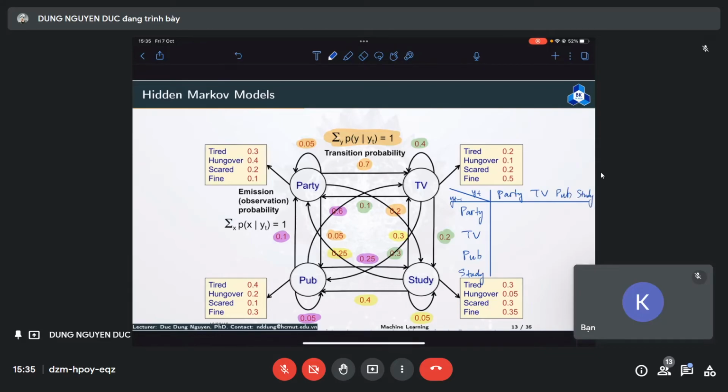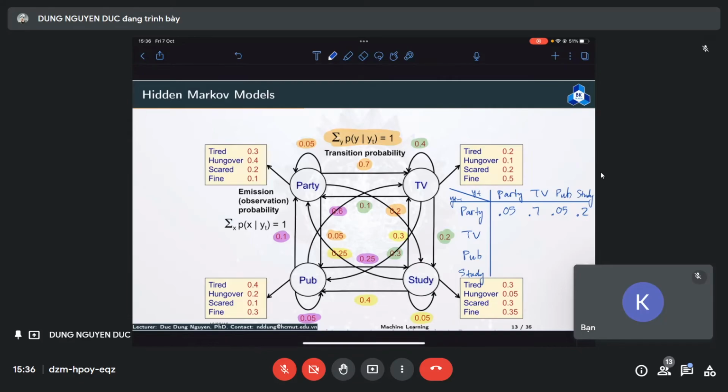I will fill the numbers in this table for you. From party to party, it should be 0.05. From party to TV, 0.7. To pub, 0.05. To study, 0.2.